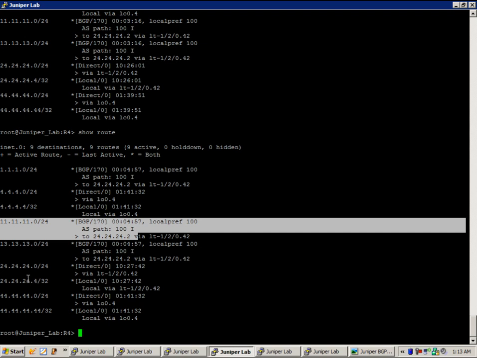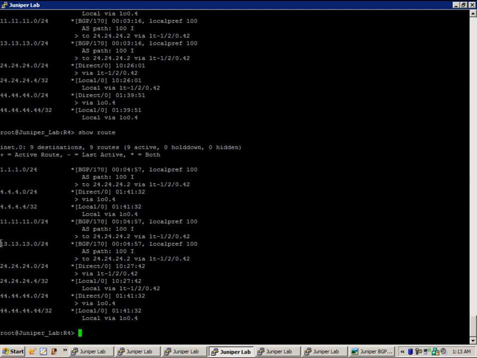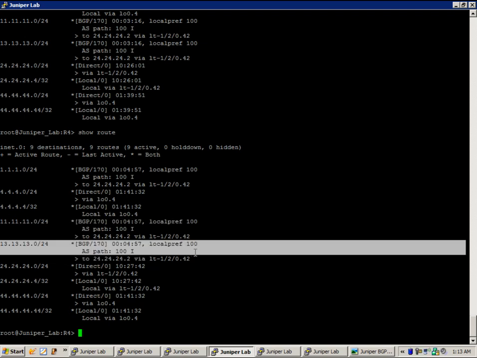We also see the 13 network, and that is what we are going to use later on in the lab for reachability for router 3 to get back, when it does its pings, to the 4 network. That's why we did this on router 1.